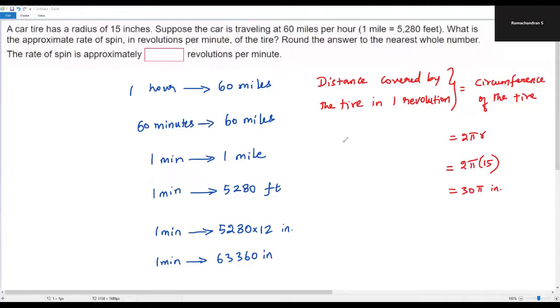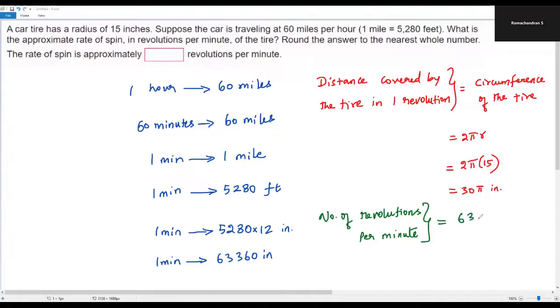Now we have 2 pieces of information. The distance covered by the tire in 1 minute is 63,360 inches, and the distance covered by the tire in 1 revolution equals 30 pi inches. Using these, how can we get the number of revolutions per minute? We divide the distance covered by the tire in 1 minute by the distance covered by the tire in 1 revolution.